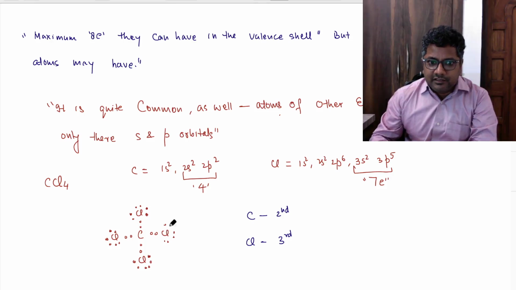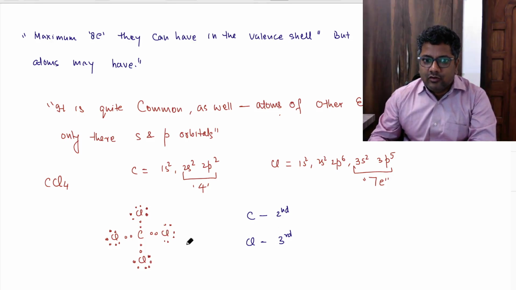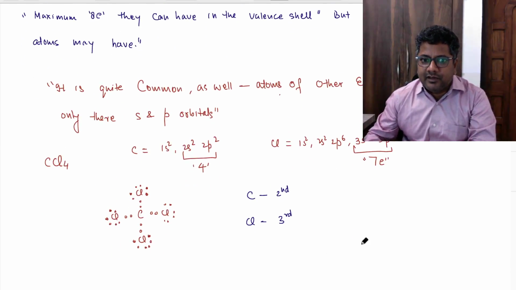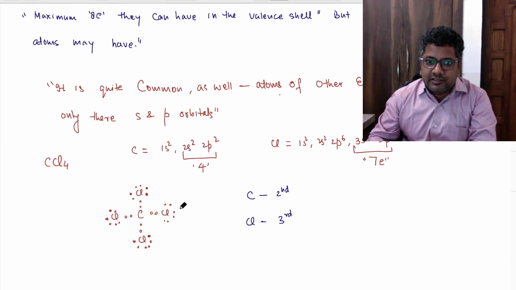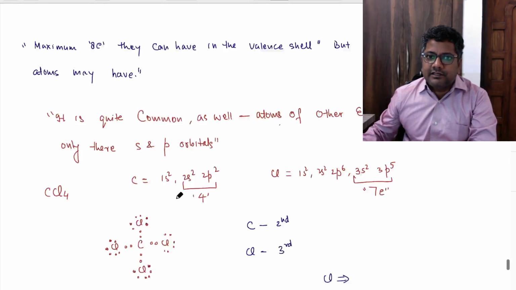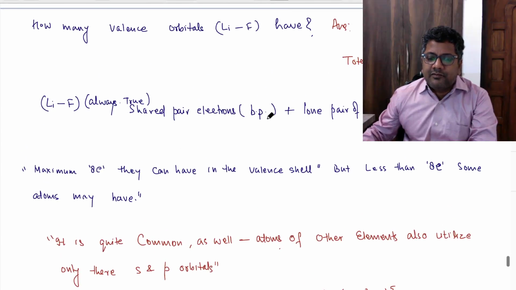But here in this molecule, chlorine also has 8 electrons in the valence shell. If you count, then you will find, where I have written this formula, shared pair of electrons. So for chlorine, if I am considering this chlorine or any one, all are symmetrical.